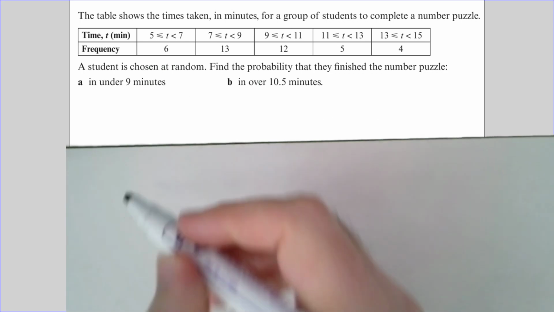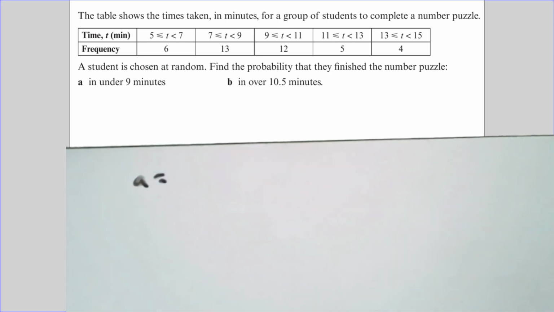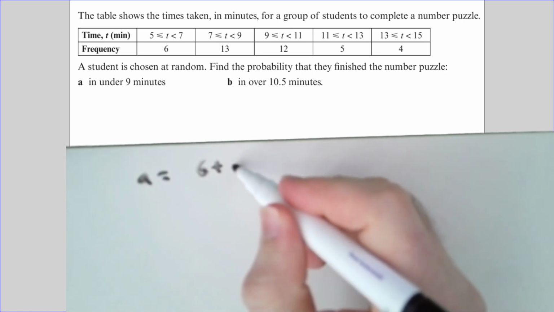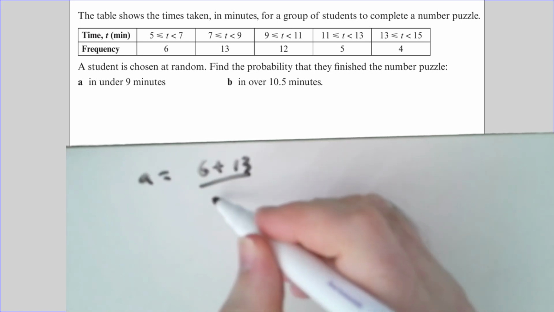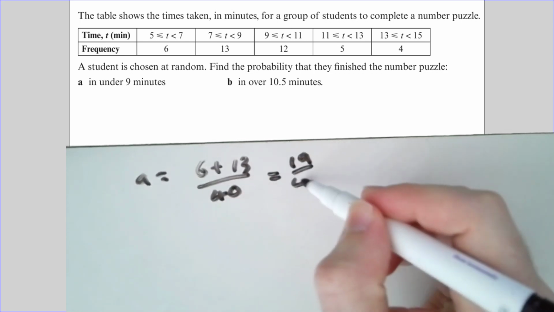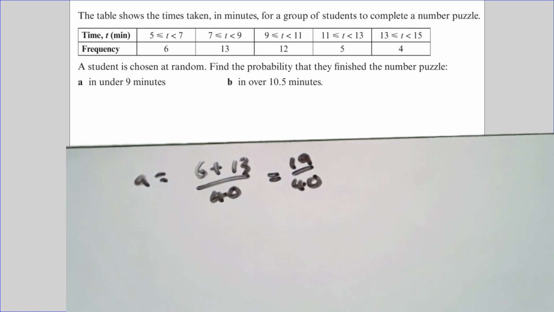So for A, our under 9 minutes, this is going to be 6 plus our 13, all out of the total here, which is 40. So this gives us 19 out of 40 as a total for A.